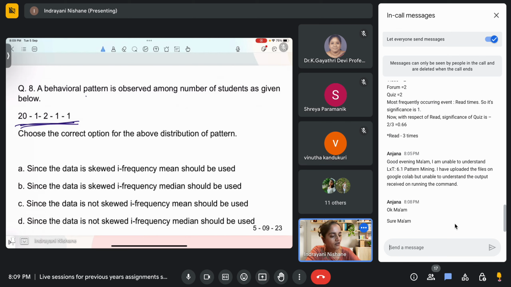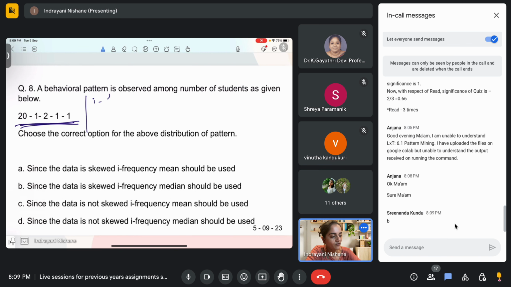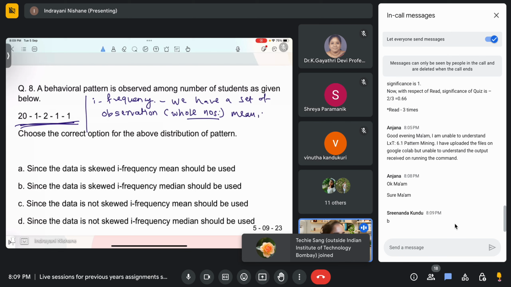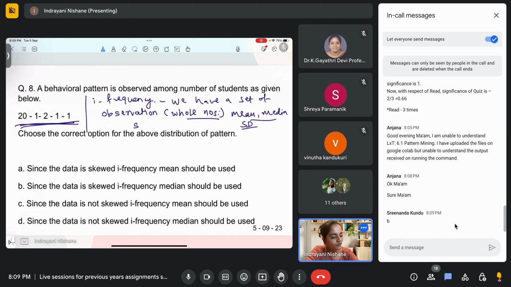So as I had suggested, for I frequency, we have a set of observations, and these observations are always whole numbers. So we can do statistics: we can consider mean, median, standard deviation, etc. for this set of numbers, which are part of the high frequency observation.